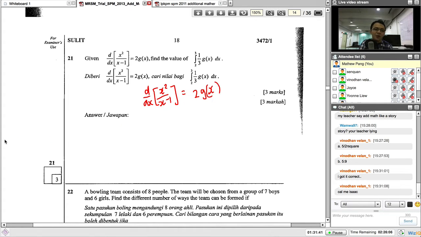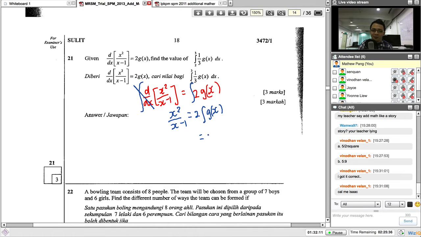What I want to do here is integrate both sides. The integration symbol and d/dx, you can simplify, it becomes 1, actually it's just gone. Then I can always take the 2 out, because it's just a constant value. Integrate g(x). I will get x squared over x minus 1.